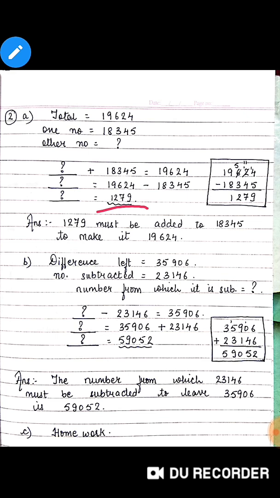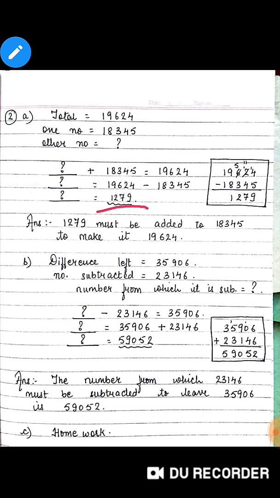So as discussed earlier, when you have to find out the minuend, at that time you have to take this minus 23,146 to the other side of the equal to sign, and you need to add them.